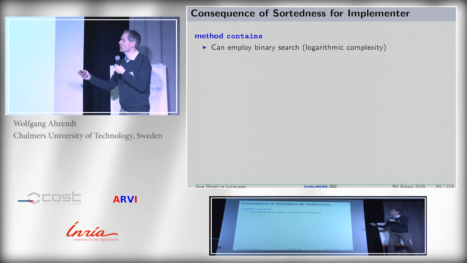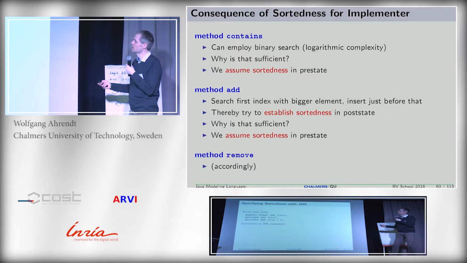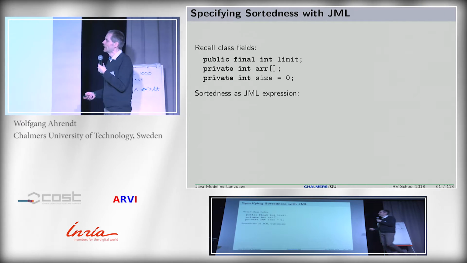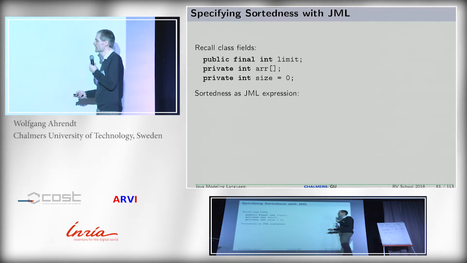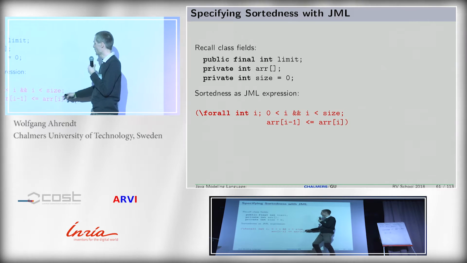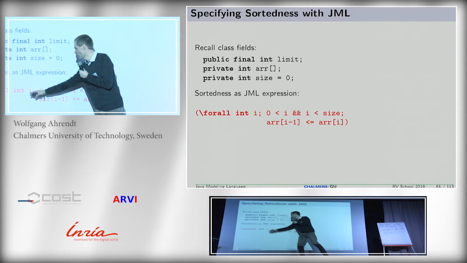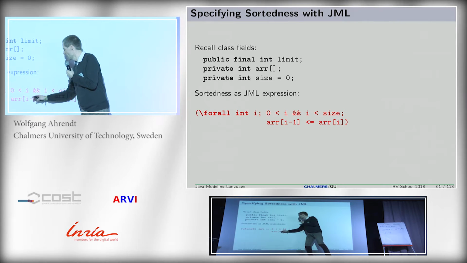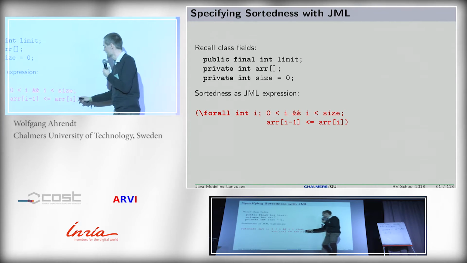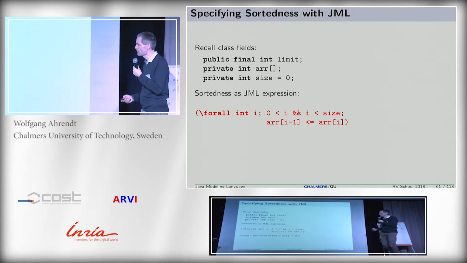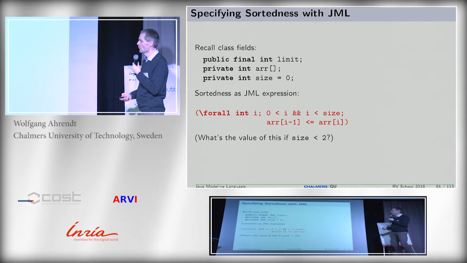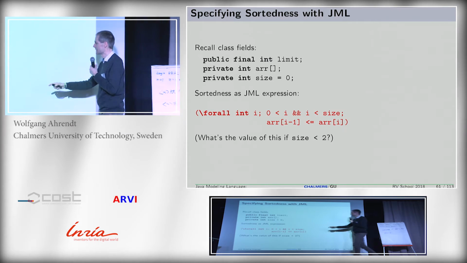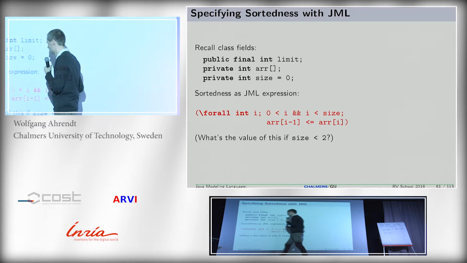How do we specify sortedness? We already had that. I can say for all integers in the right range, the array at i-1 is smaller or equal to the array at i. What happens if size is smaller than 2?